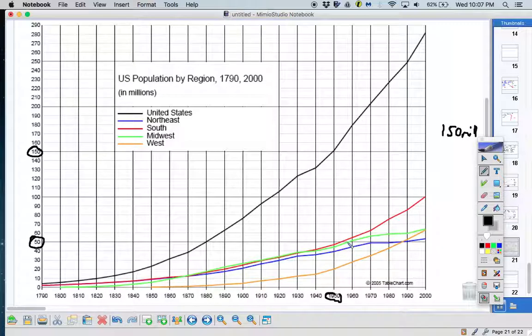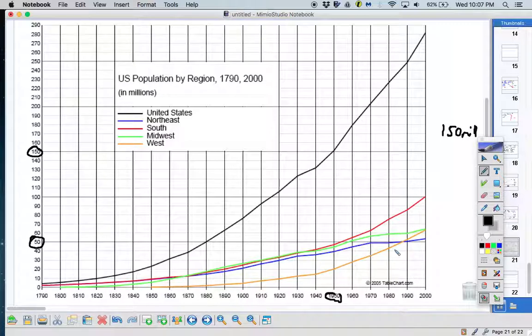The green, which is the Midwest, reached 50 million people in the late 1950s, maybe about 58 or 59. And it wasn't until all the way over here that yellow, which is the West, reached 50 million people, and shortly thereafter, in about the same amount of time, the Northeast also reached 50 million people, and that was in the 1980s, so maybe about 1988 or so, 89, somewhere in there.